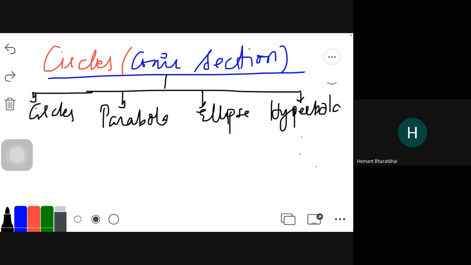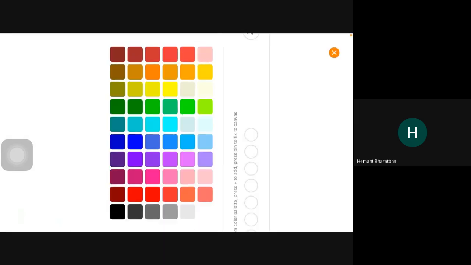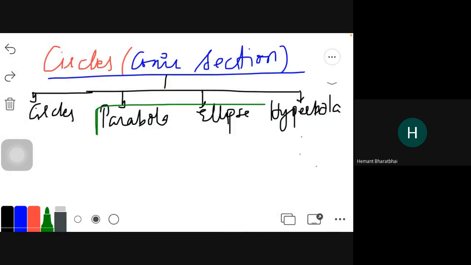So the actual conic section, I'll start from these three chapters: parabola, ellipse, hyperbola. So what is basically a conic section? Why are these three or these four called conic sections?